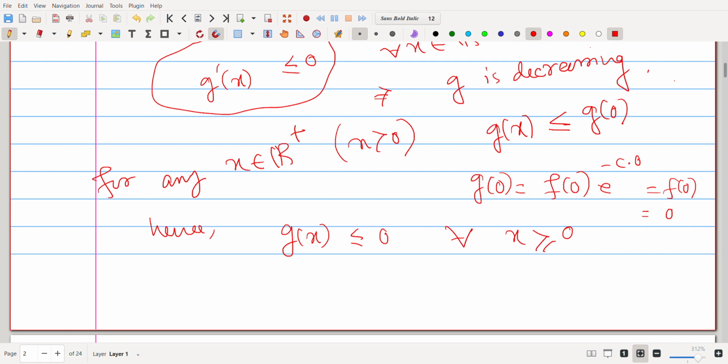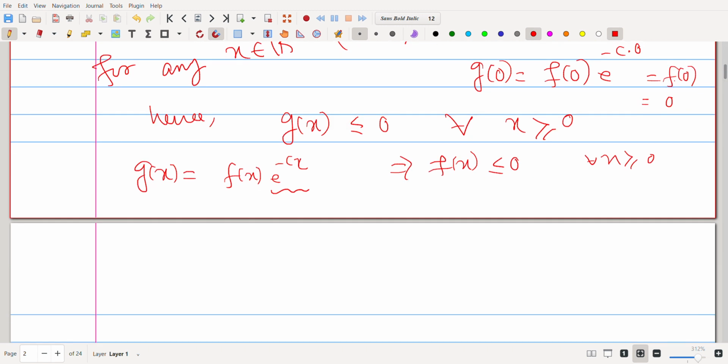And again from the given condition, g of x equals f of x times e^(-cx), and this e^(-cx) is always greater than or equal to 0. That means g of x less than or equal to 0 implies f of x is less than or equal to 0 for all x greater than or equal to 0.